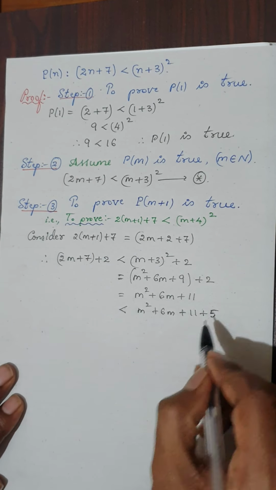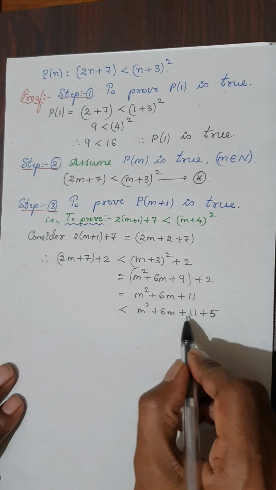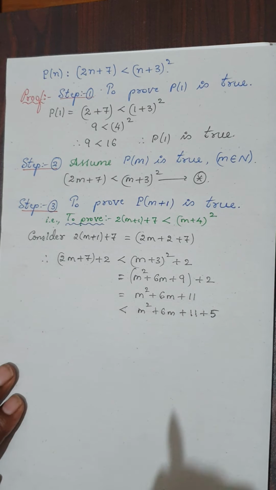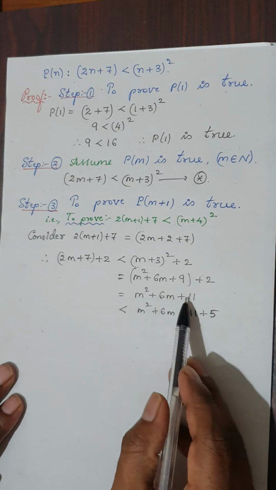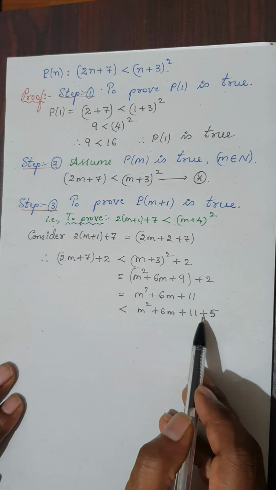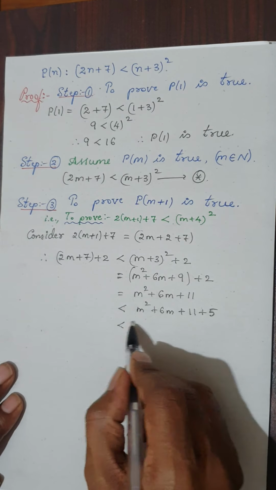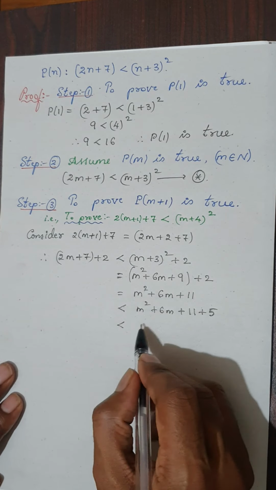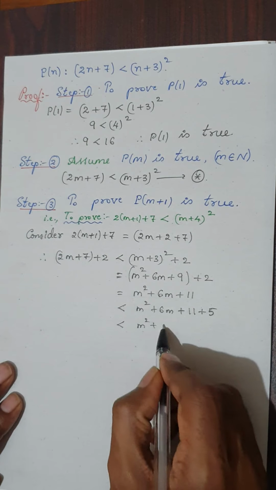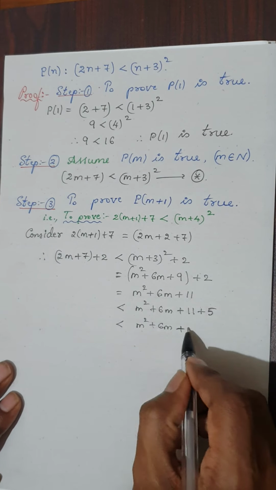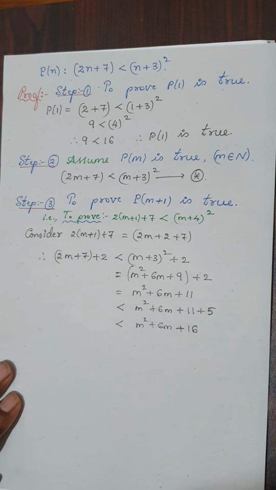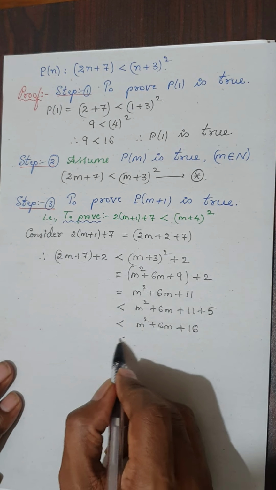This is a special problem. This is the only simplest way we'll do it. If I add 5 to this, this term would be less than the added term. So if you add up, you will get m square plus 6m plus 16.